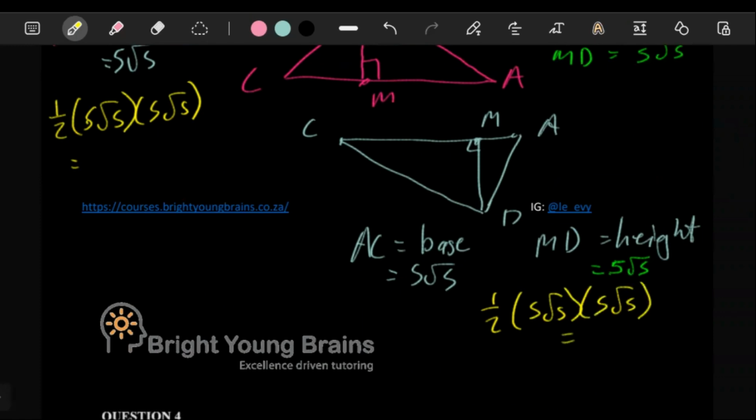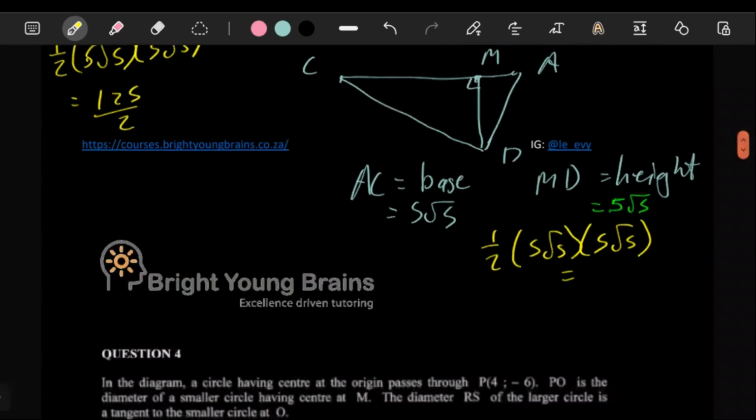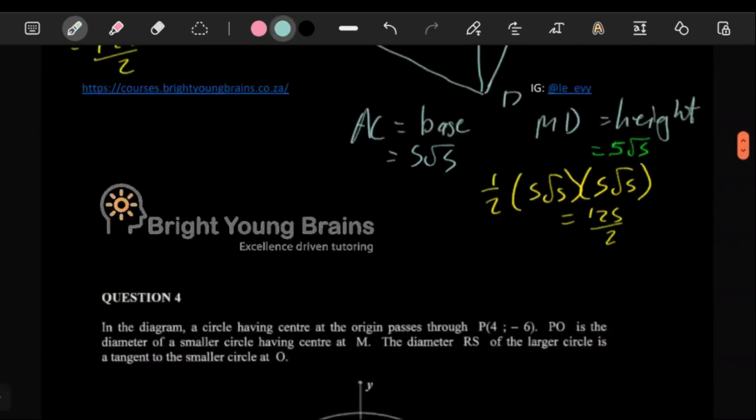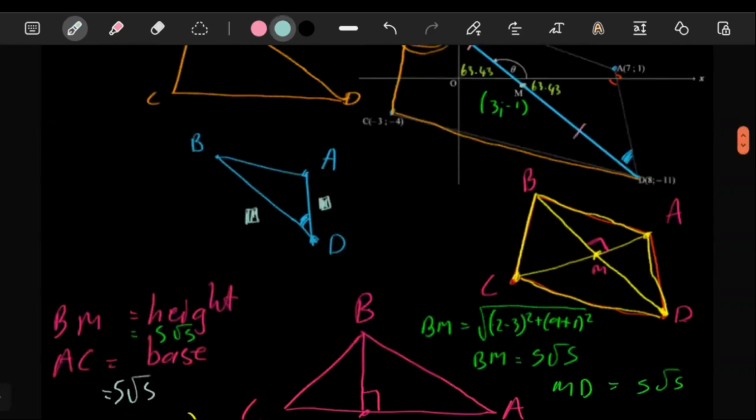So a half times the base times the height. What is this giving us now? 125 over 2. This is also going to be 125 over 2, obviously. And then therefore, 125 over 2 times 2 gives you 125. That's going to be your area.